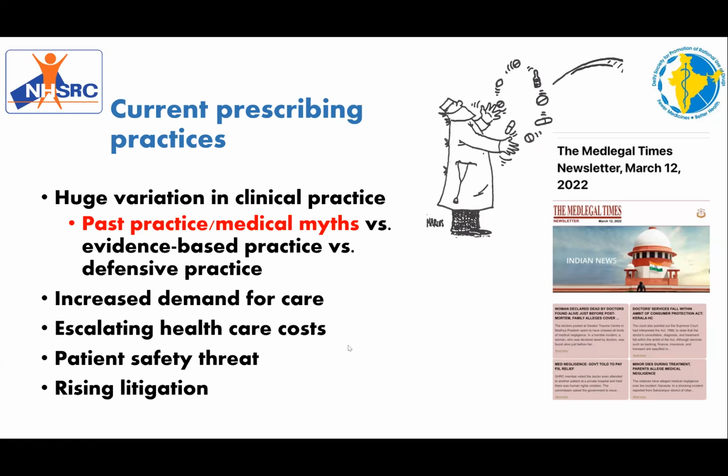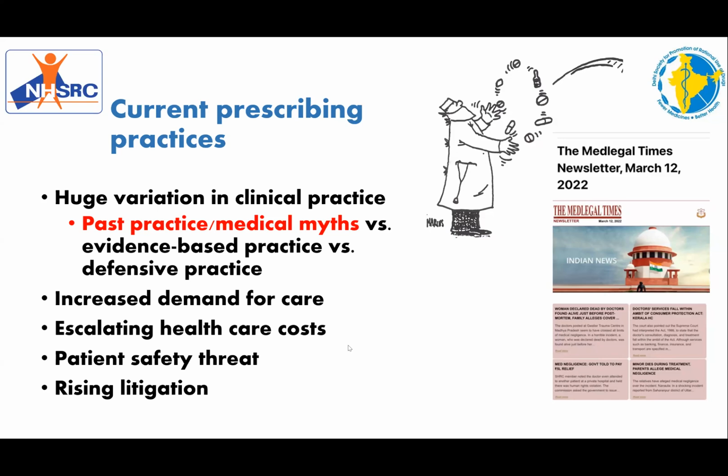For example, serratiopeptidase is another very commonly used drug, and now people are asking for its inclusion in the essential drugs list. But there is no evidence that it clears inflammation faster. If you think it does, then we need to establish this fact and prove it by doing randomized controlled studies. So there is no evidence, but the practice is there.